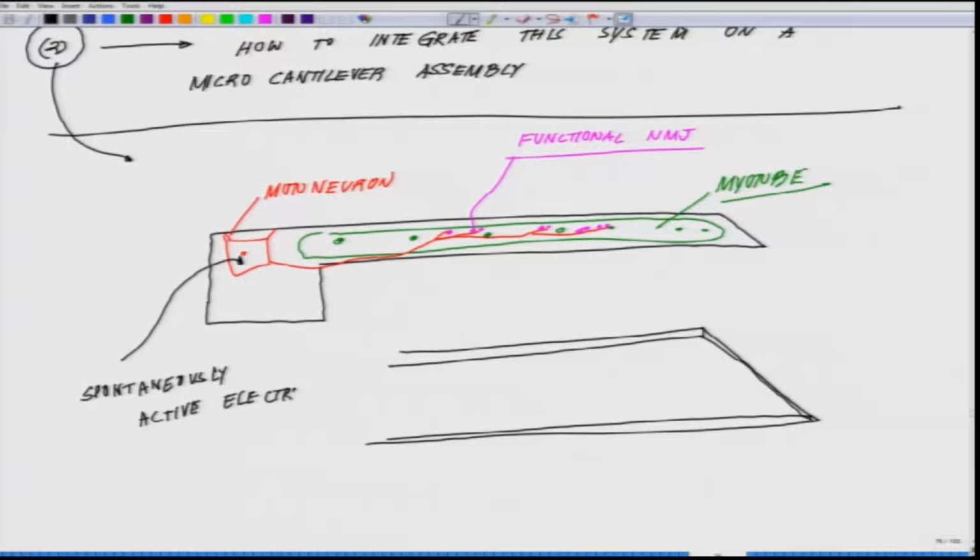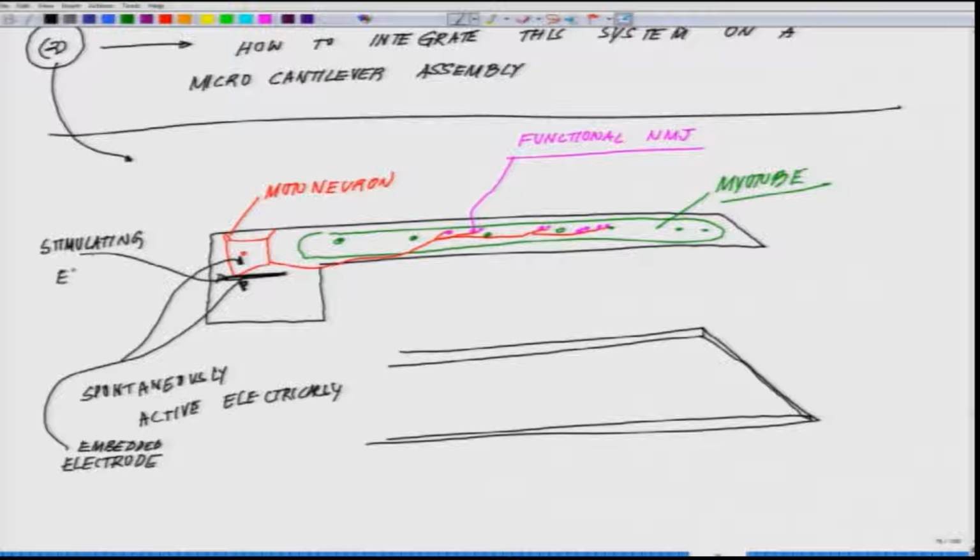Or you have to have a way by virtue of which you can separately grow them on top of some form of an electrode, which will be embedded into the system, which falls under the whole idea of an embedded electrode, and your cell should sit on that embedded electrode, and you can use it as a stimulating electrode. So, the idea is you stimulate the neurons.